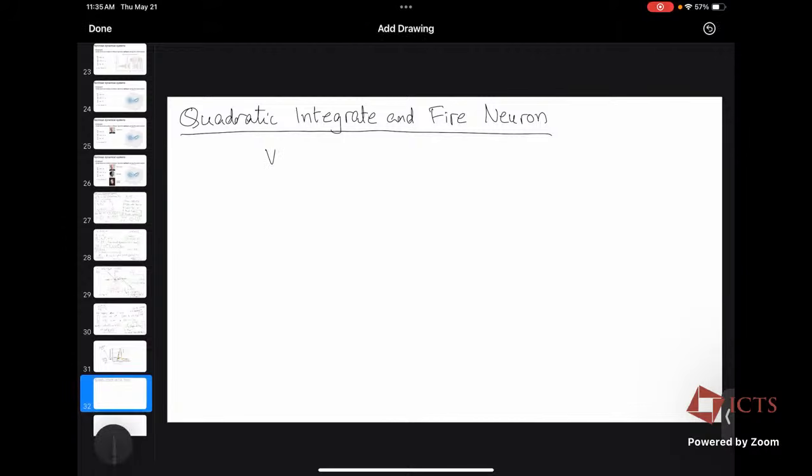So instead of x dot is equal to f of x, we have v dot is equal to f of v, and particularly f of v is equal to v squared plus I, where v is the same membrane voltage, and I is some sort of input current. Let's just call it inputs for now.